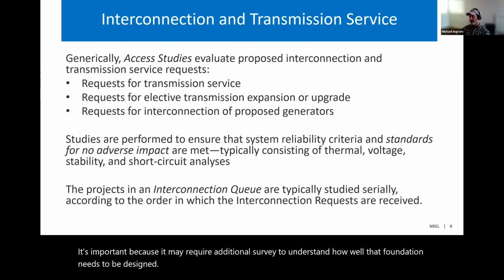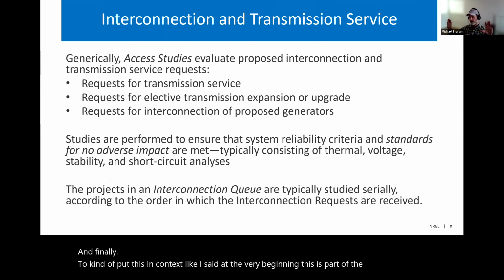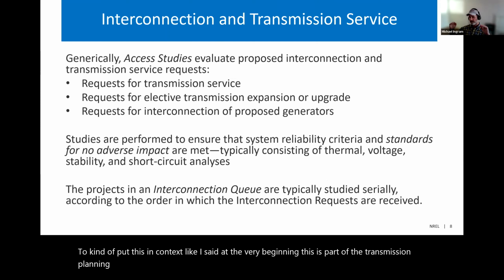And finally, to put this in context, like I said at the very beginning, this is part of the transmission planning process, and it is generally conducted for all access studies. That's a generic term that includes interconnection and generation.